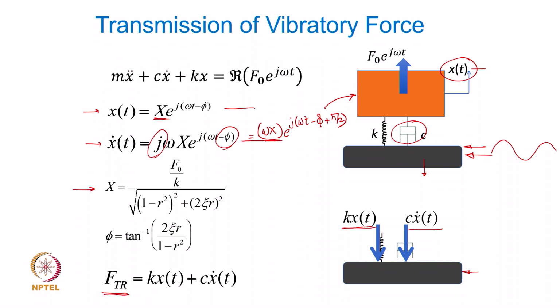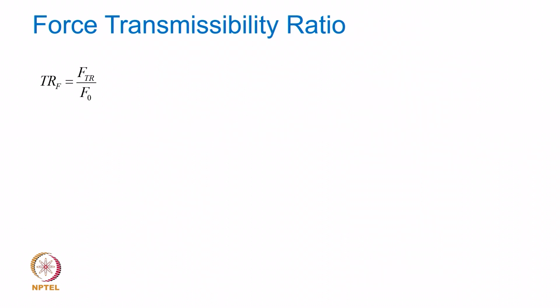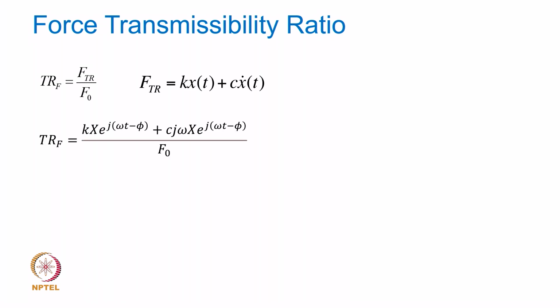Now, obviously, the force transmissibility is the ratio of the transmitted force to the induced force F naught. So, what we are going to do is write this expression: transmissibility ratio is equal to force transmitted to force induced, which is the input force on the mass, F naught, and we know that FTR was written like this.